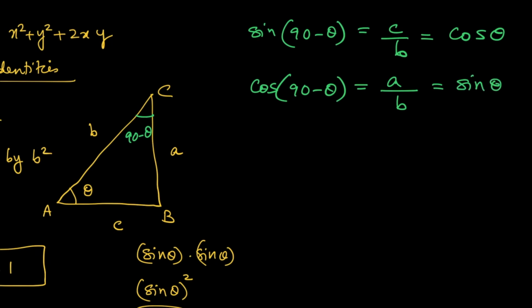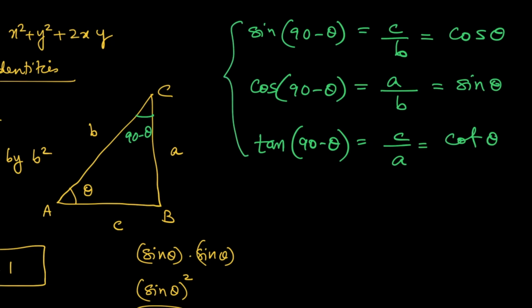Similarly, you can have tan of 90 minus theta. Tan of 90 minus theta is going to be C by A ratio. This will be cot theta. Now, if you take reciprocals everywhere, you get the corresponding results for the reciprocal trigonometric ratios.